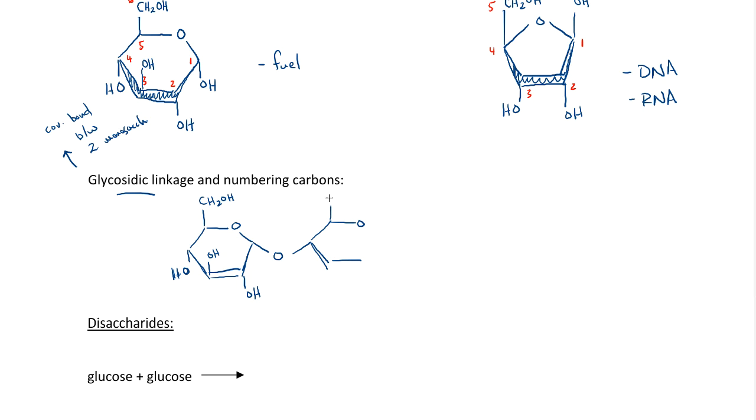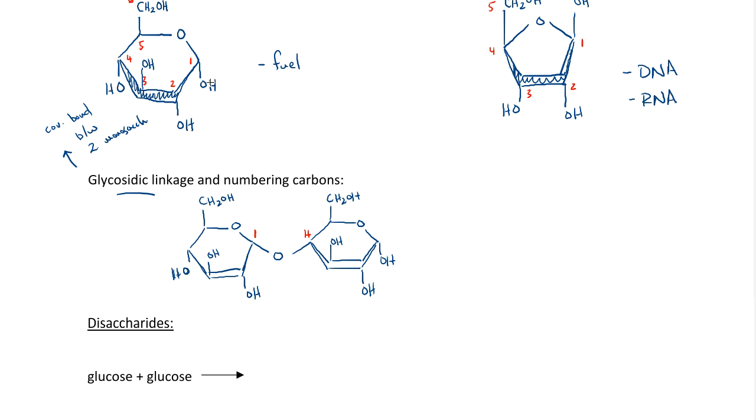So if you take a look at what I'm drawing here, what I'm showing is a glycosidic linkage between the carbon 1 of one glucose molecule and the carbon 4 of the next. So this is carbon 1 over here, and this is carbon 4 of the next.